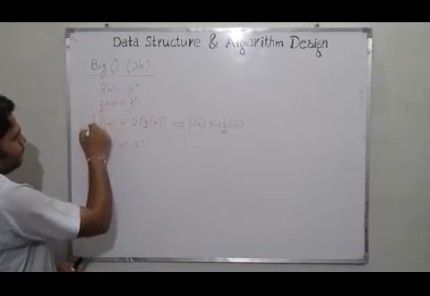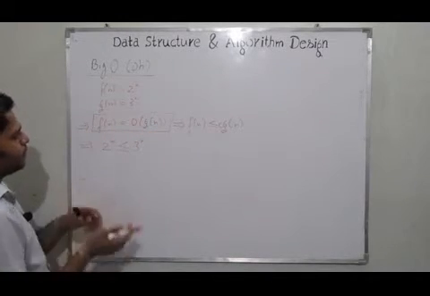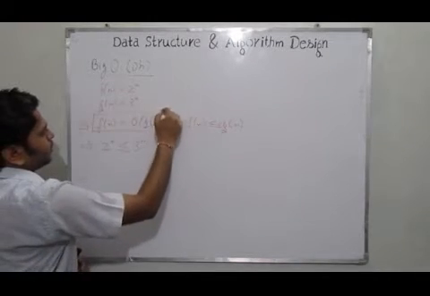That means the definition that we considered for fn and gn for big O is correct.